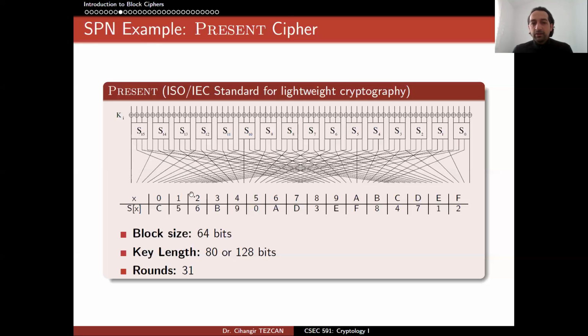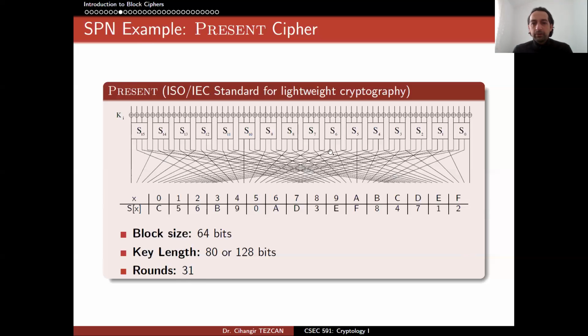So this is a single round. As you can see, the cipher is 31 rounds. So take this picture, put it again, put it here again, and so on until 31 times. And finally, at the end, you will add a final round key XOR here. After that operation, you will get the ciphertext block.